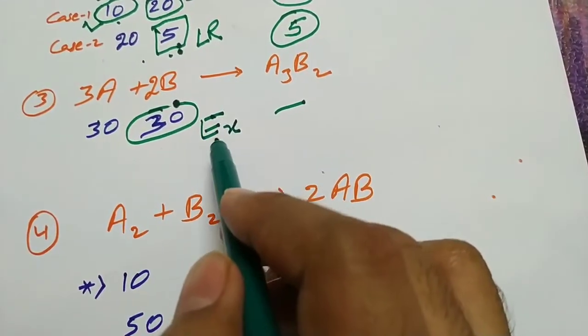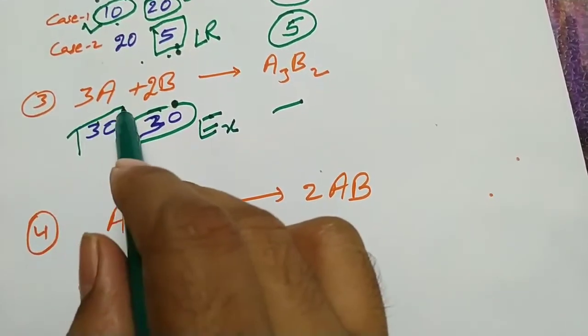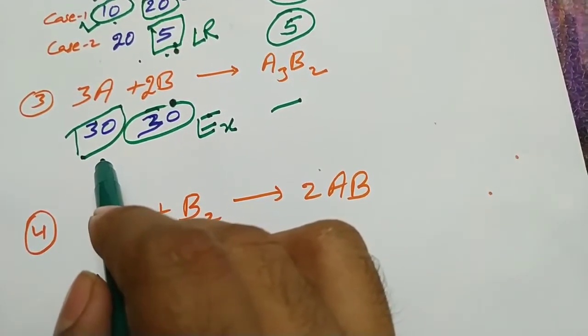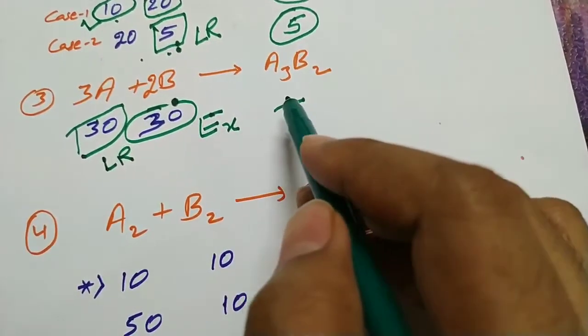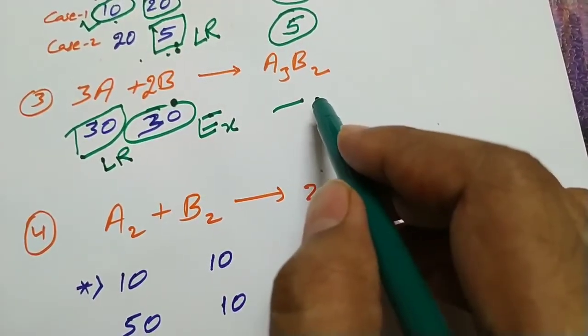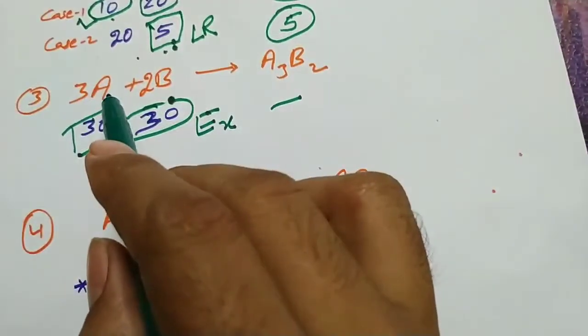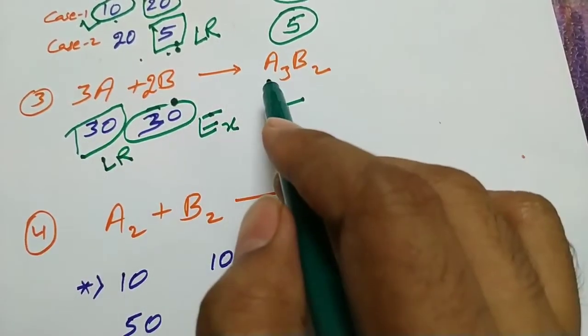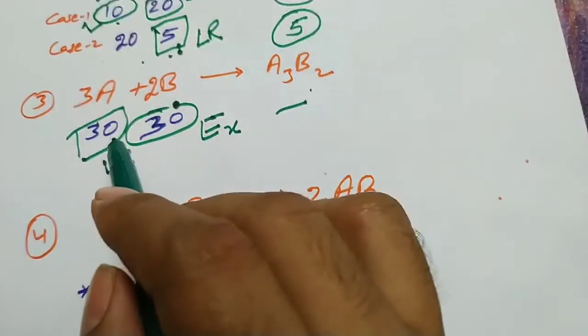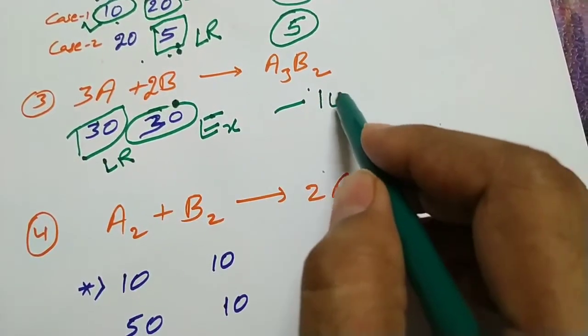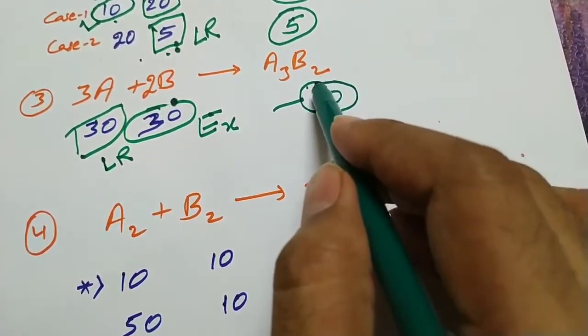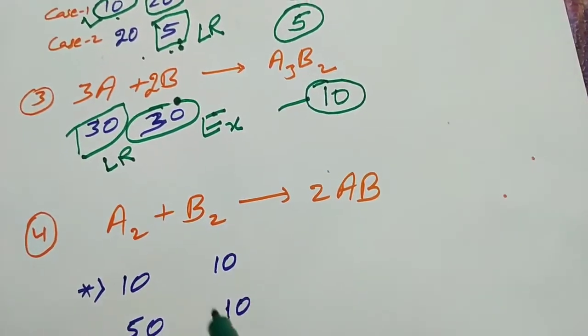It is excess means the limiting reagent is A. The product depends on the limiting reagent, LR. So how many products are forming? Obviously, if 3 moles of A are there, only 1 mole of A3B2 is forming. 30 moles of A means only 10 moles of A3B2 is forming.